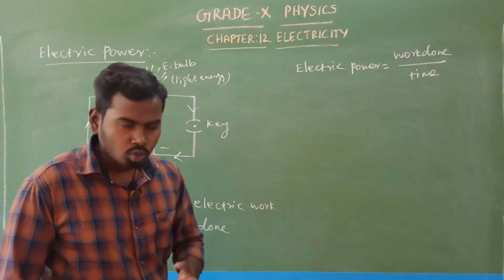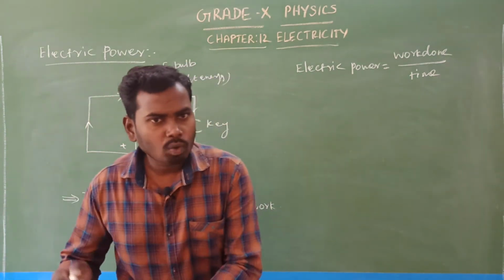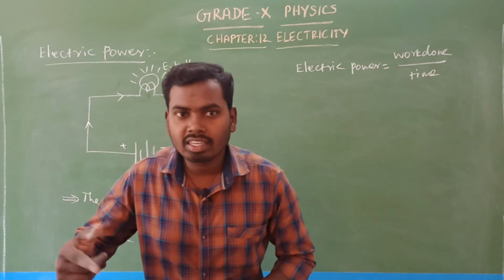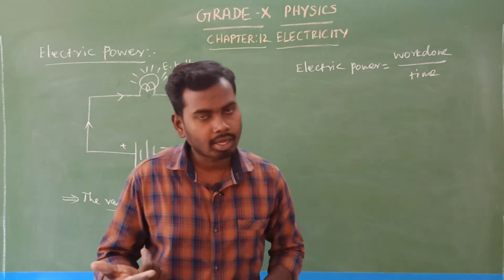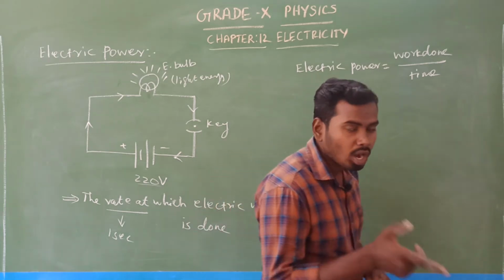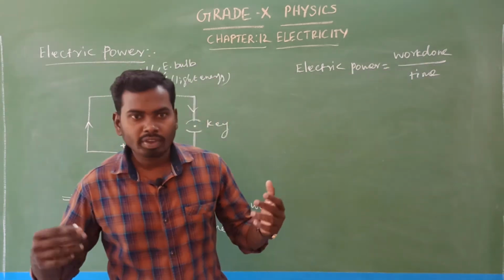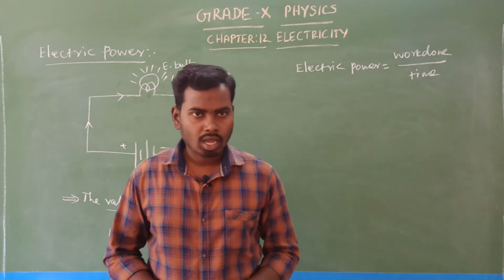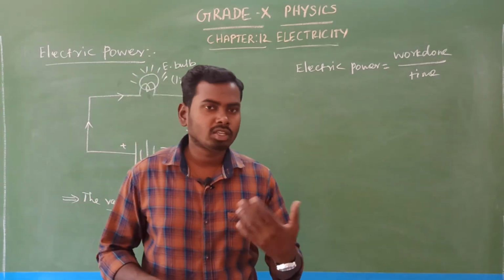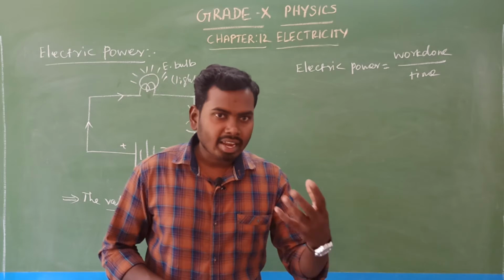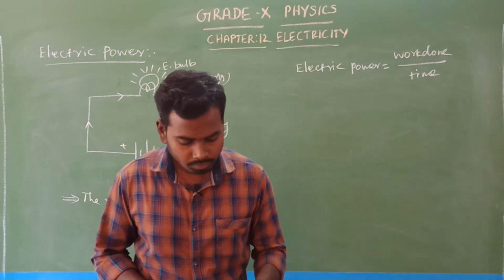Look at here. Already we know whenever work is done, an equal amount of energy is consumed. Am I right? Yes. For example, we eat different kinds of food materials every day. So we gain energy from the food materials.